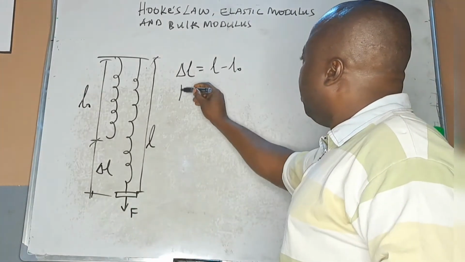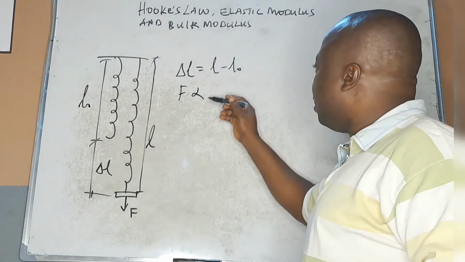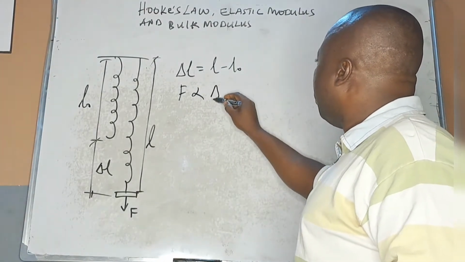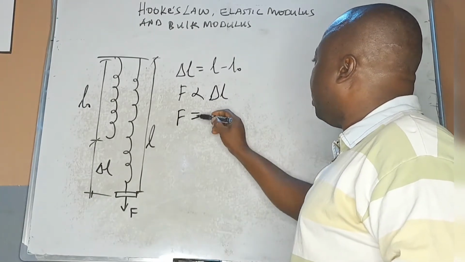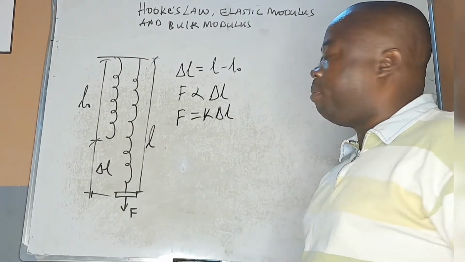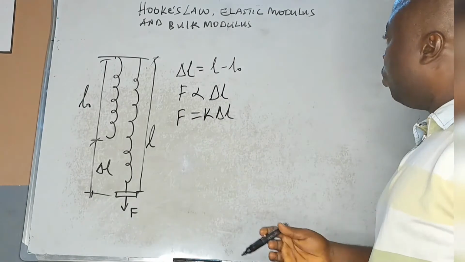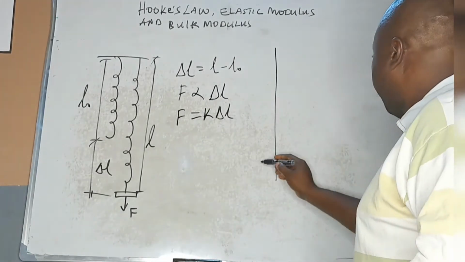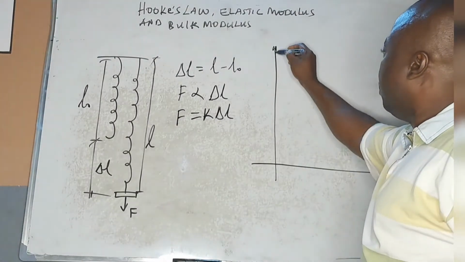Mathematically, the applied force varies directly as the extension produced, change in L. And so, if you are to put the sign of equality, you put what we call a constant of proportionality in mathematics.